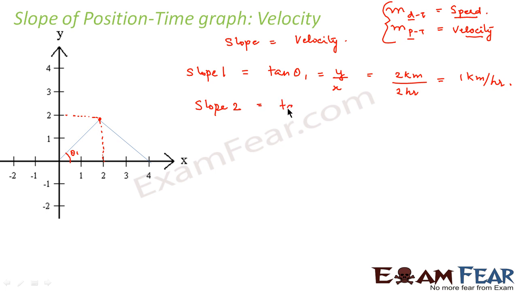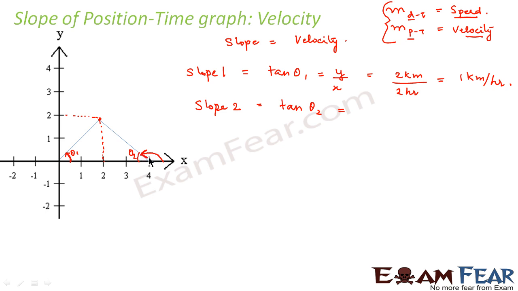Now we will consider slope 2, that means the slope of this line. This would be equal to tan theta 2. Let us suppose this angle is theta 2. Now basically when we calculate slope, that is when we calculate tan theta, we always measure the angle in the anti-clockwise direction. Like here we measure the angle as theta 1. So here the angle which we should measure is this angle.